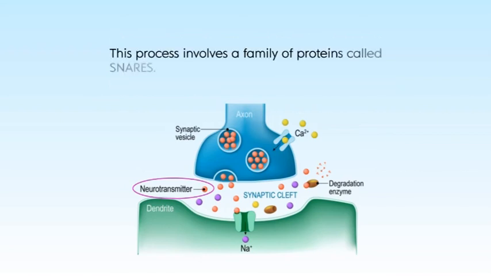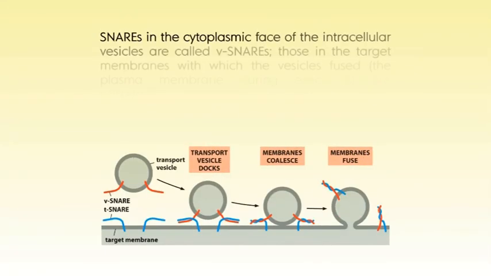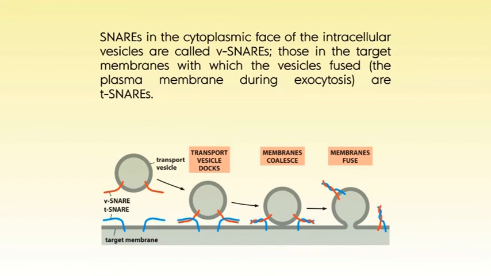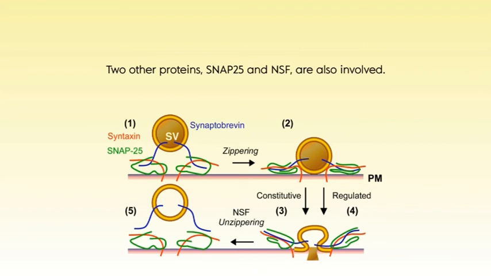This process involves a family of proteins called SNAREs. SNAREs in the cytoplasmic face of the intracellular vesicles are called v-SNAREs. Those in the target membrane with which the vesicles fuse, the plasma membrane during exocytosis, are t-SNAREs. Two other proteins, SNAP25 and NSF, are also involved.